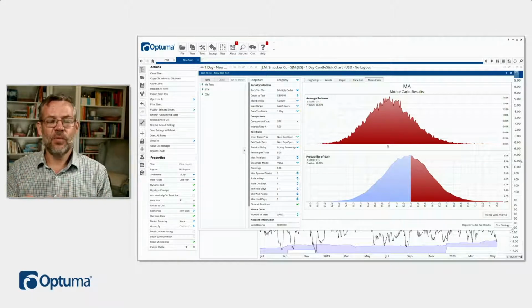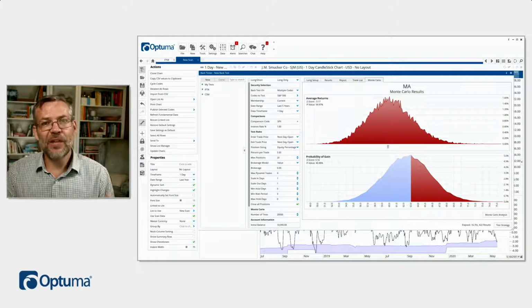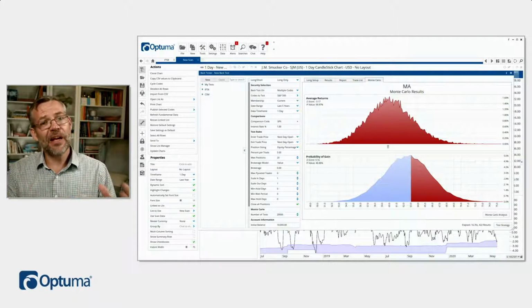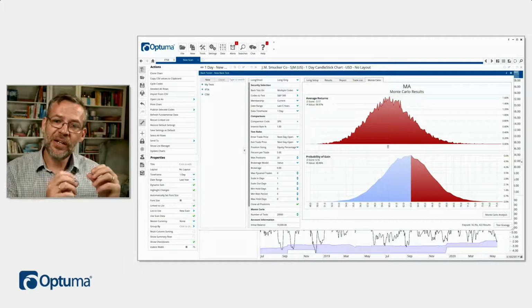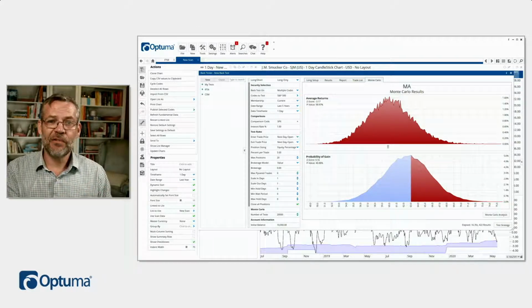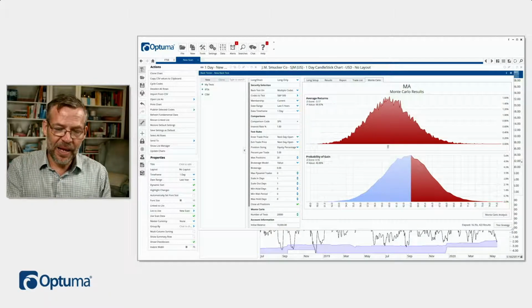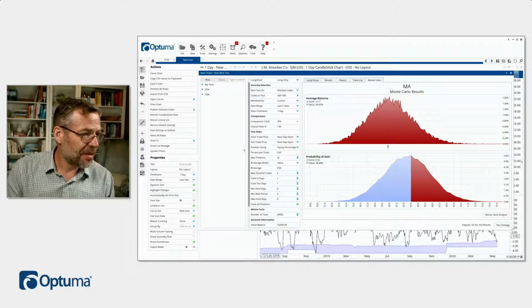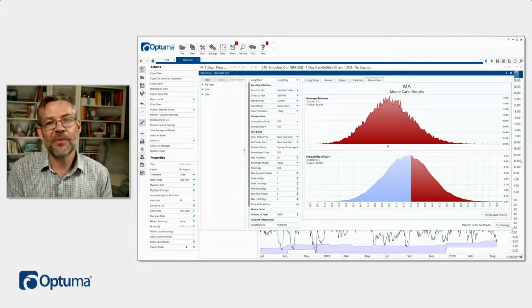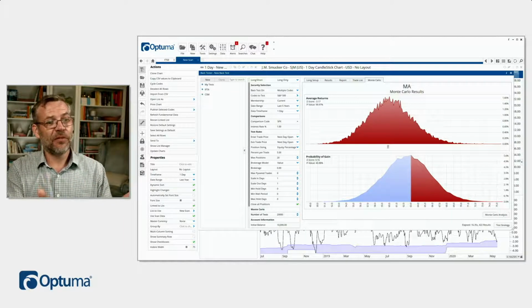And so we do that. We randomize everything. We go through the list of trades, we randomize everything. We then go back and measure what our returns would have been, what our probability of gain would have been. And then we take that result and we repeat that number of tests 20,000 times. And then we get these plots.